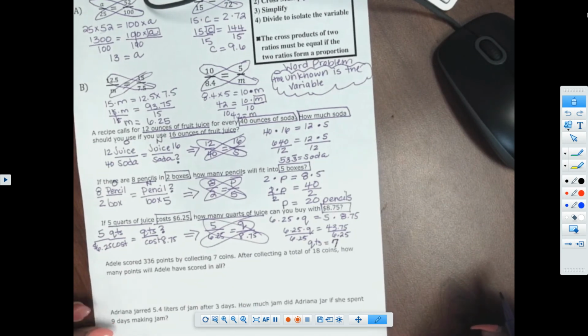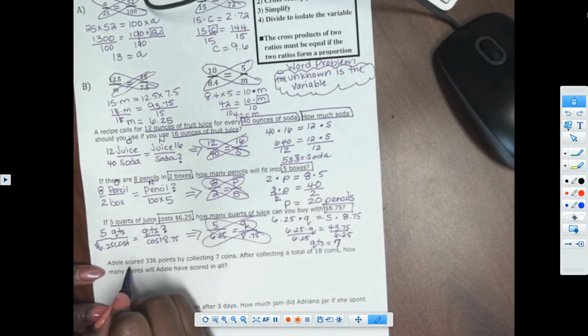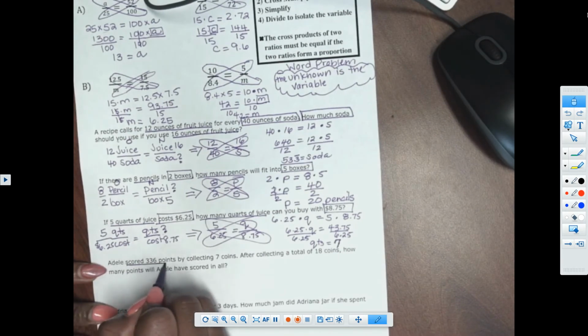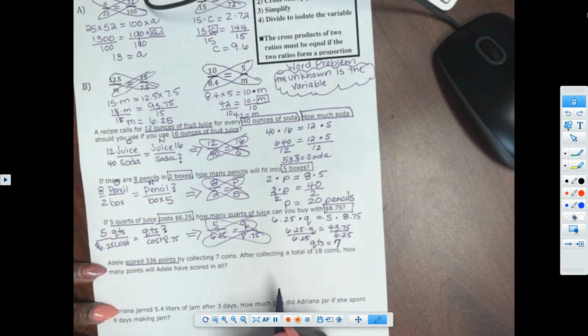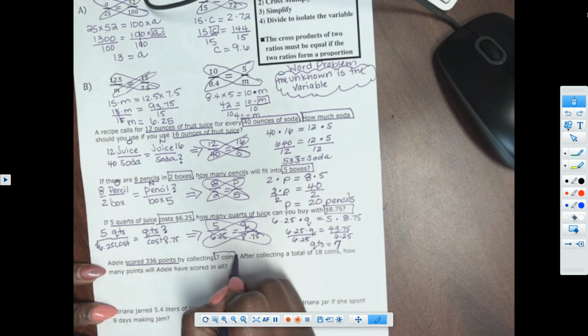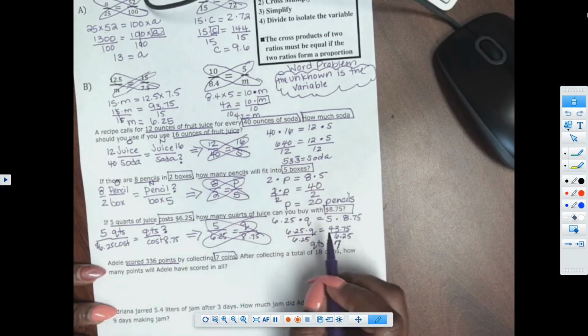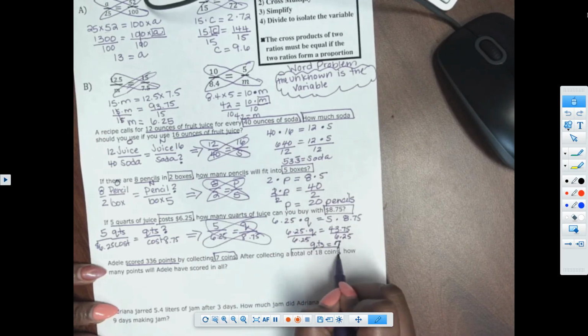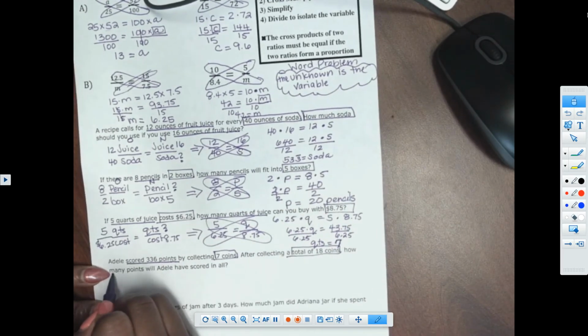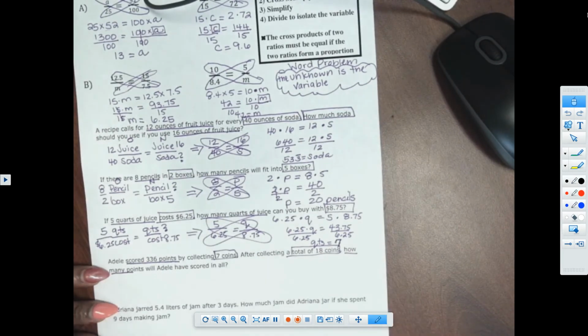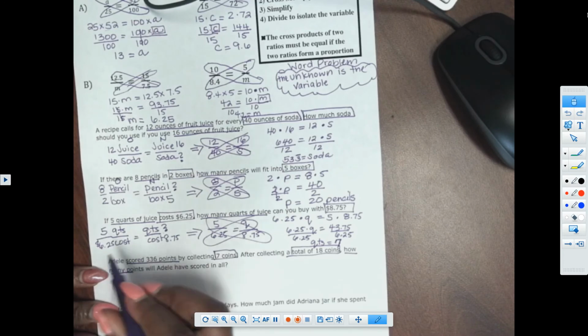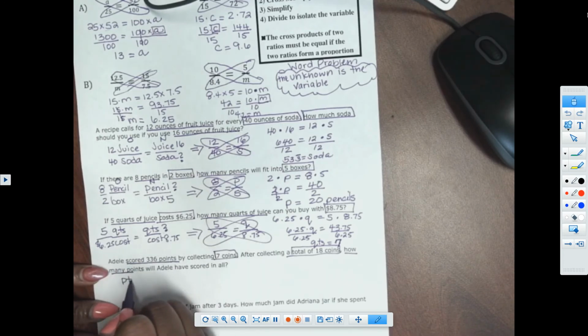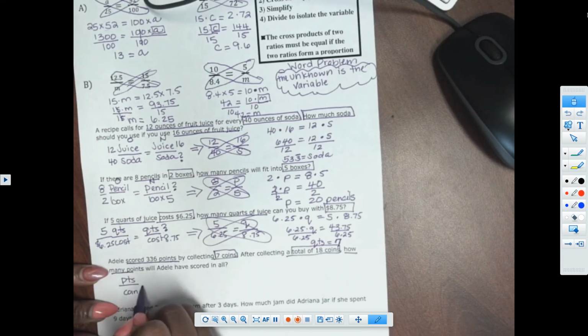Okay. Adele scored 336 points by collecting 7 coins. After collecting a total of 18 coins, how many points is what we're trying to figure out. Did she score in all? Okay. So remember, it's points over coin is my ratio.